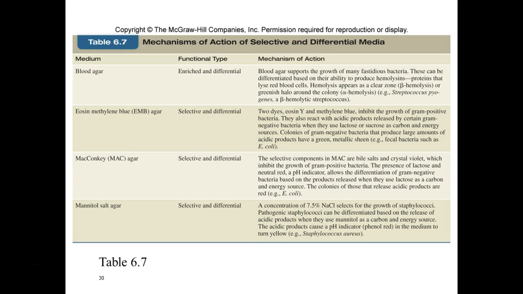And again, when they ferment sugars, what's a common byproduct we can very easily detect the presence of? Acids, right? So again, we've got a pH indicator in this media that helps us detect. In this case, it's phenol red, which is going to turn this really bright yellow, beautiful color in the presence of acid.